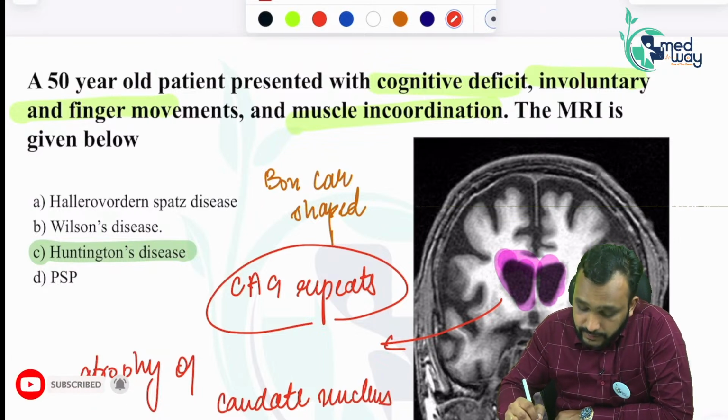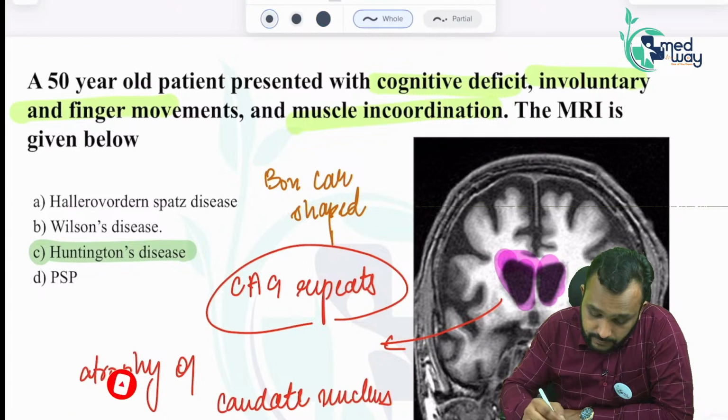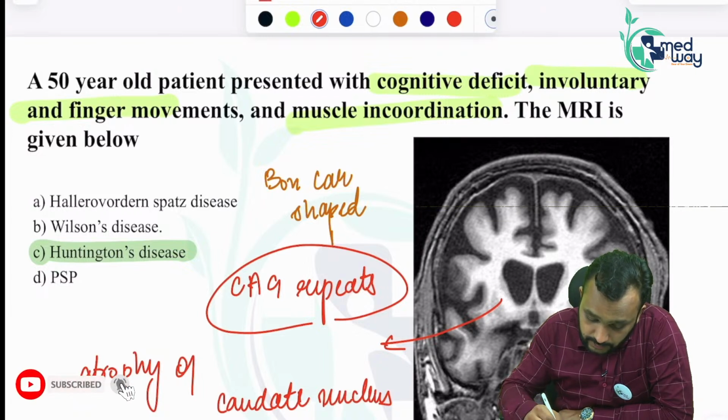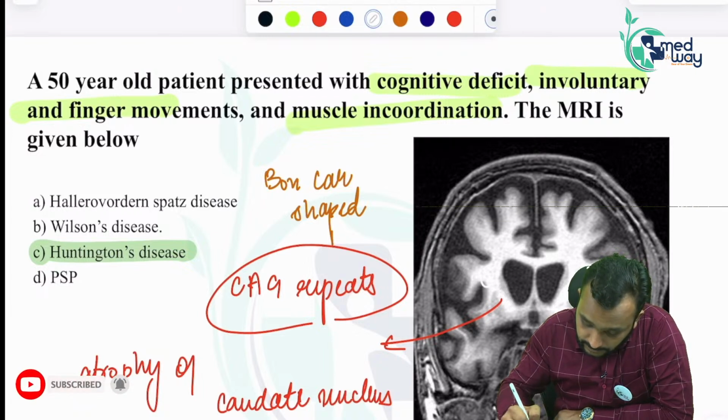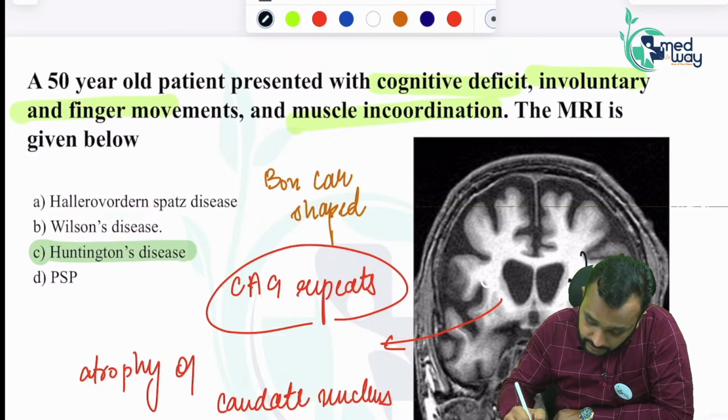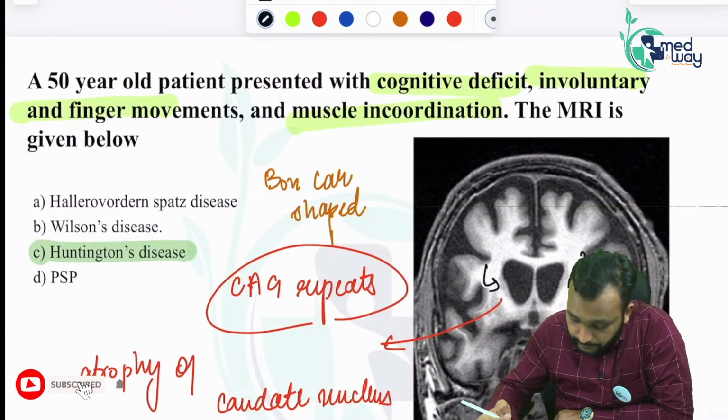So here in this patient, we can see that this is your caudate nucleus, right? And in this caudate nucleus, we can see there is atrophy of the same, right?